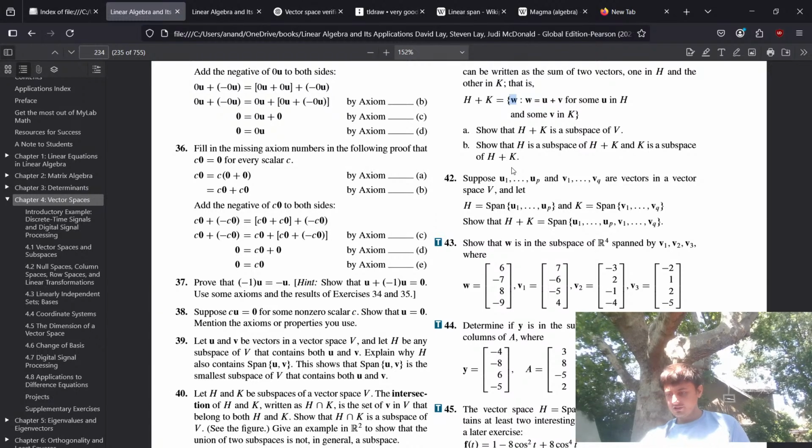Now we want to show it's a subspace. Okay, so 0 is in H plus K because 0 is in H and 0 is in K.